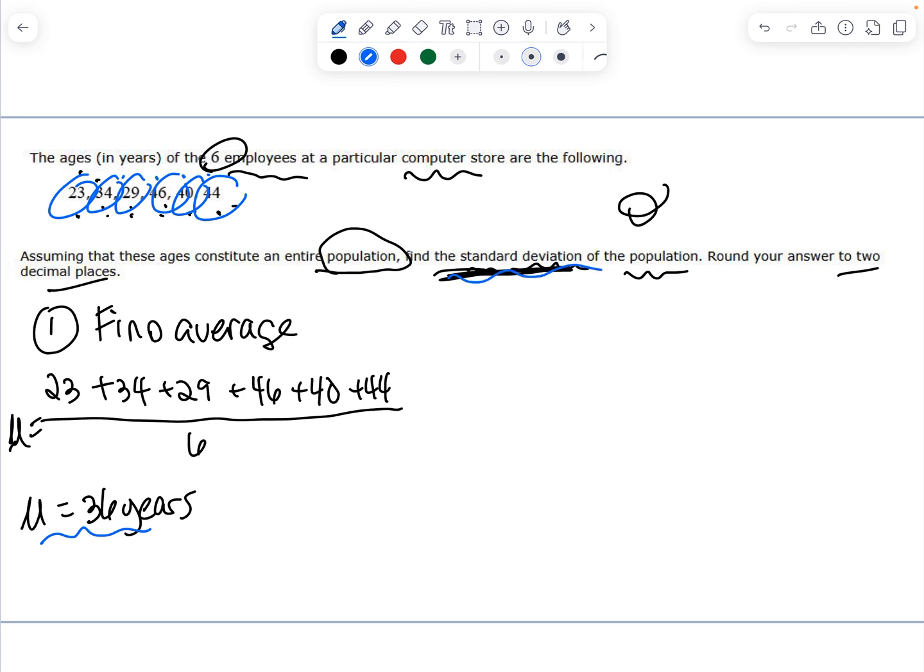Step 2: you're going to take each of these ages and subtract away the average. We're going to set this up, taking each of these data points and subtracting the average. So 46 minus 36.